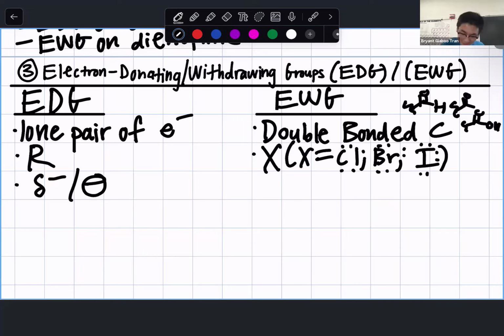Another sign is if the atom is partially positive or fully positively charged. Because if the atom is positively charged, it wants to gain electrons, which is why they are EWGs, they withdraw electrons.